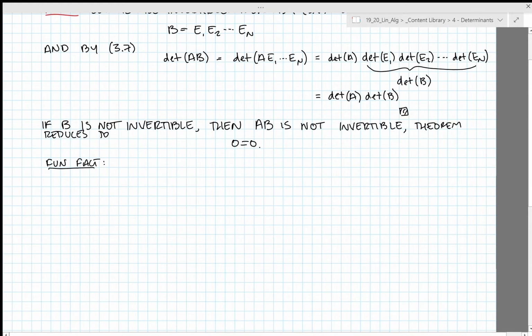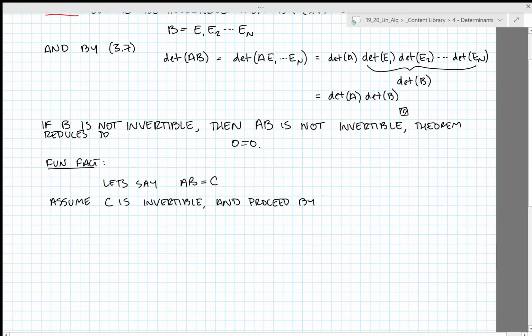Okay, so let's say AB equals some other matrix C, right? And B is not invertible, okay? Well, let's assume C is invertible and proceed by contradiction. Well, I've written that in the wrong order, but that's okay.